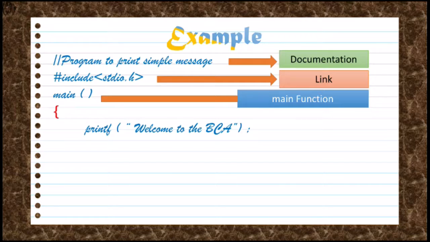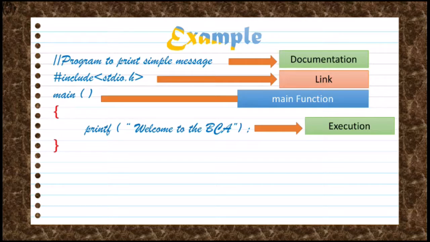So printf, then open bracket, and in that, welcome to the BCA. So this is the message we are printing in the output section. This comes under the execution part. And finally we are closing the main function with a closing curly brace.